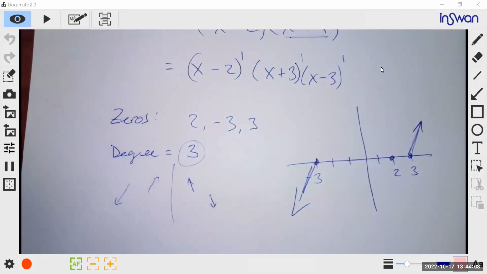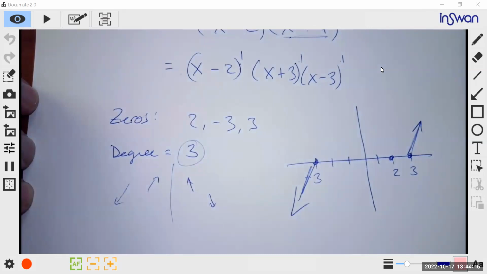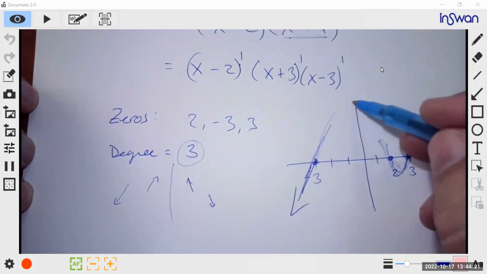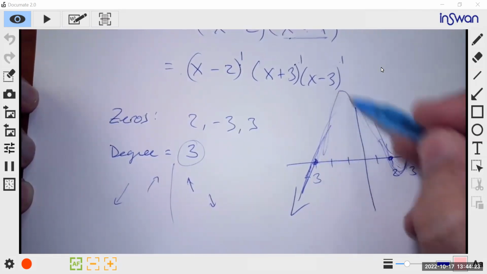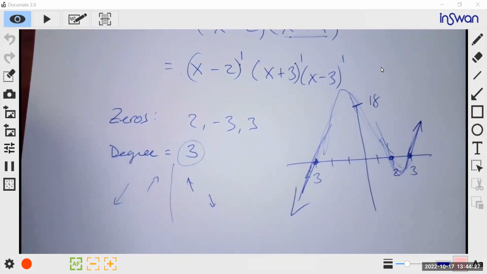Will the graph cross the x-axis or will it bounce? Yeah, because all the exponents are odd. And it has to cross at positive 18. That's what it's telling me.